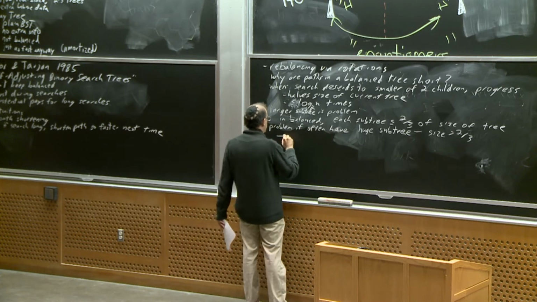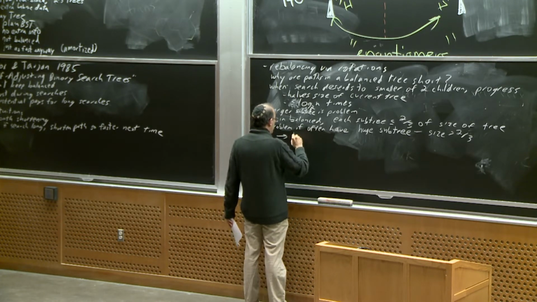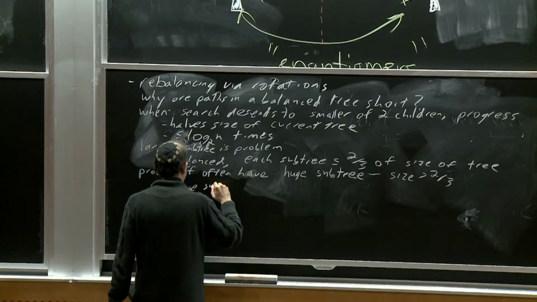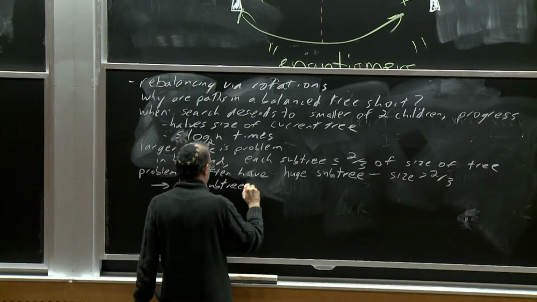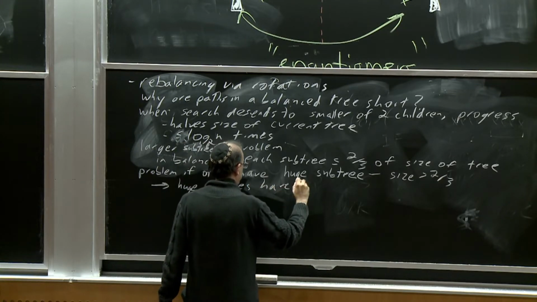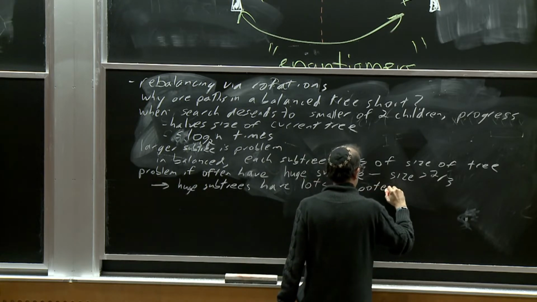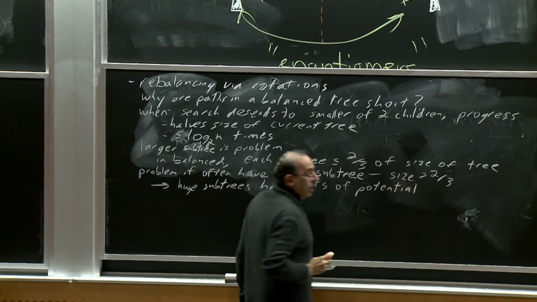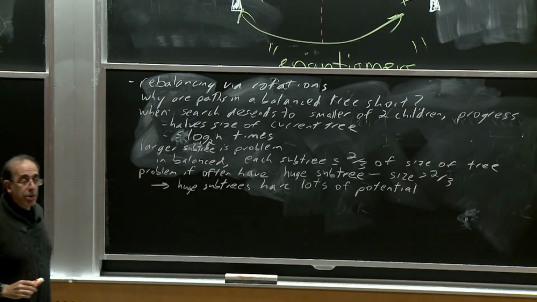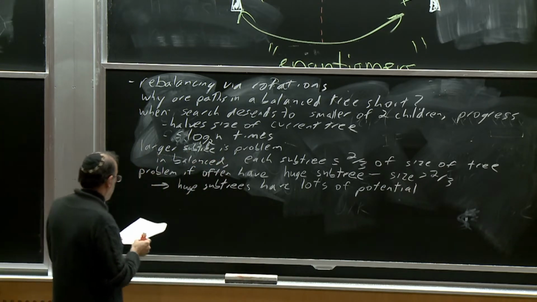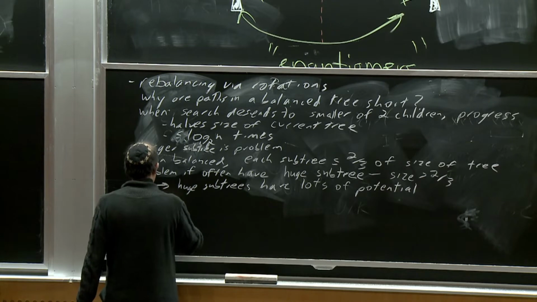So what we're going to do is arrange for huge subtrees to have lots of potential. And when we encounter a huge subtree, we are going to extract potential.